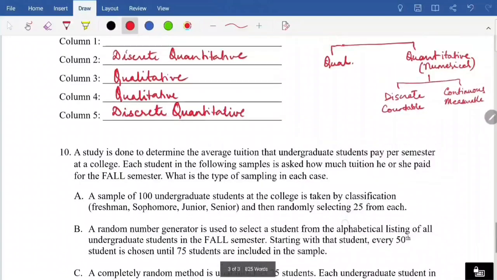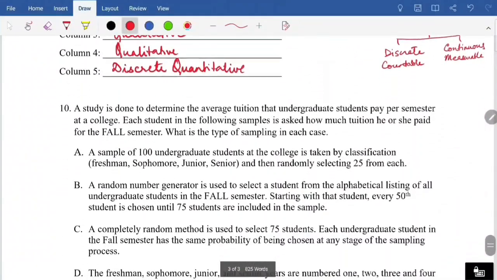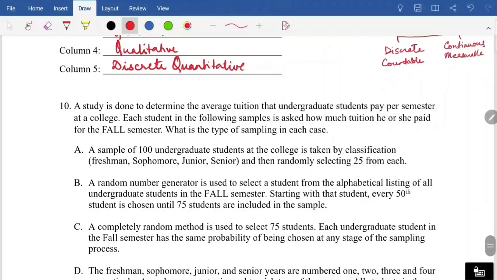All right. And now we have the last question here. This last question is on the different types of sampling that we learned, right? It says here, a study is done to determine the average tuition that undergraduate students pay per semester at a college. Each student in the following samples is asked how much tuition he or she paid for the fall semester.